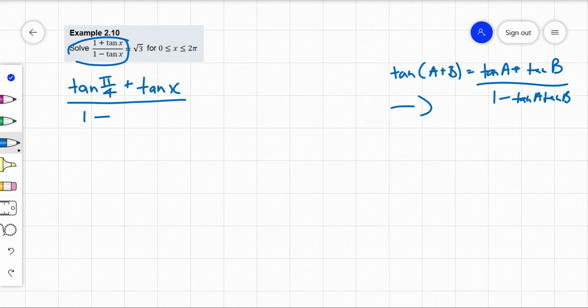And then tan A tan B, well, 1 times tan x is the same as tan pi on 4 times tan x. So you can see that this just comes from the compound angle of tan(pi on 4 + x).